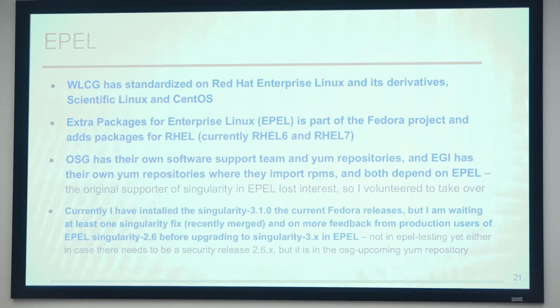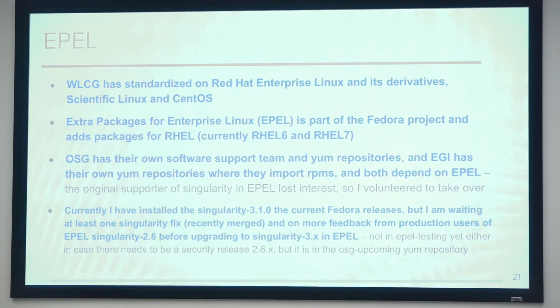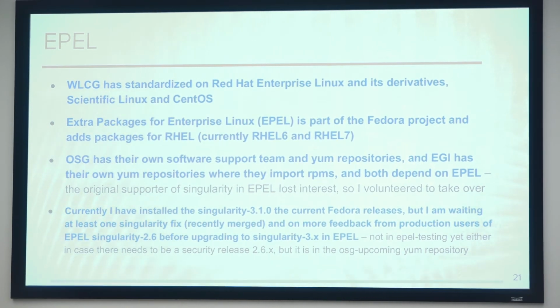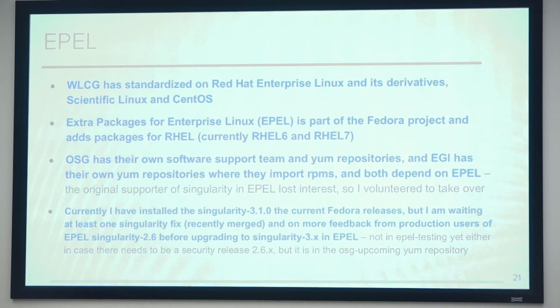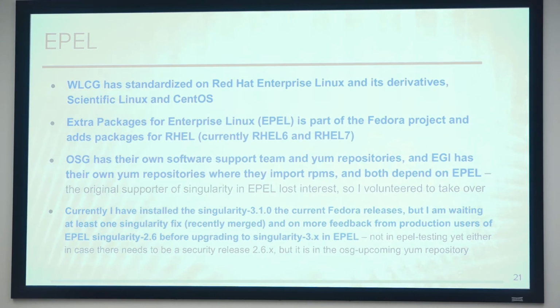It's really part of the Fedora project, and it adds packages for RHEL. Now OSG has their own software support team and Yum repositories for packages they distribute, and so does EGI, but they both kind of depend on EPEL. When things are in there, they'd rather use it in there.